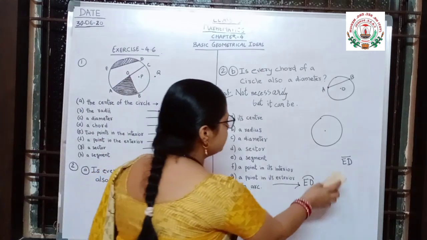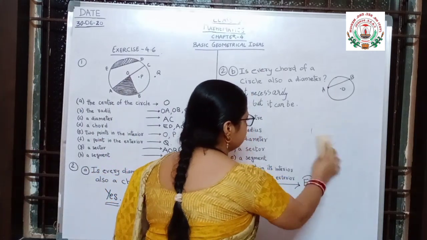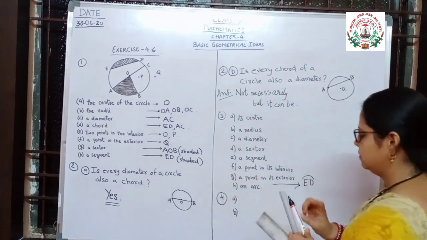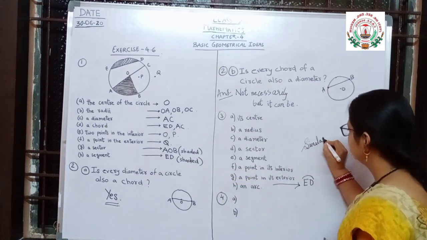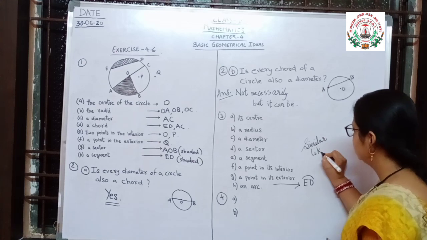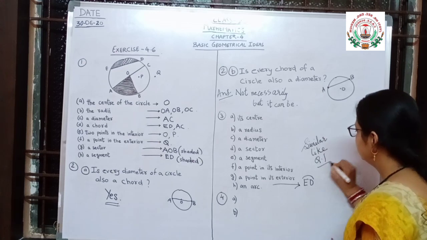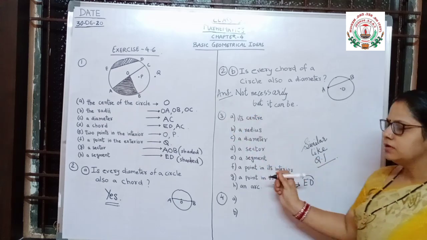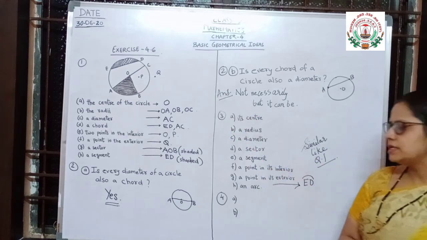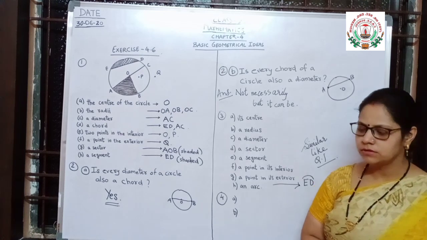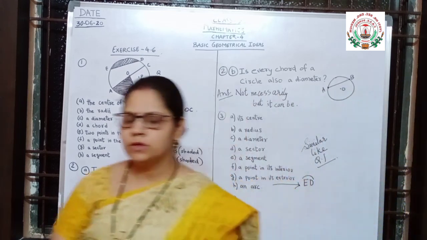Now, the fourth question is asked. Similar to question 1. Only this thing is extra that I have given here. Write true or false.